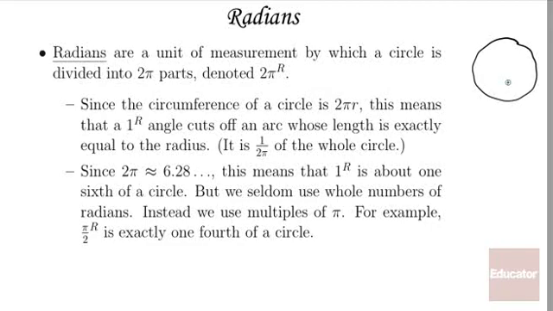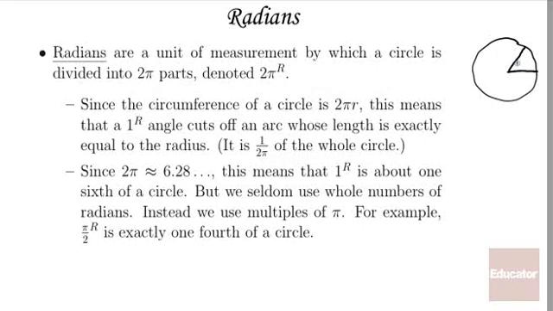That's 2 pi r, one of those formulas you learn in geometry. What you do with radians is you break the circle up and you say the entire circle is 2 pi radians.